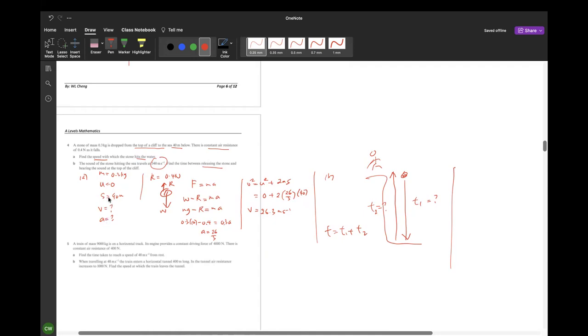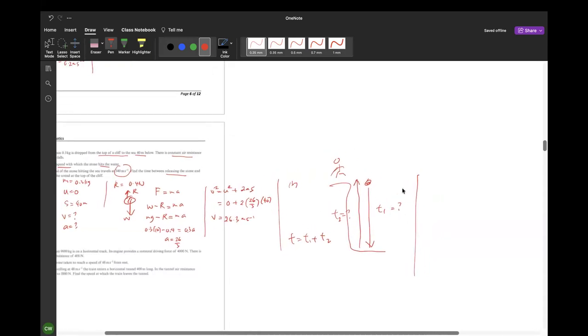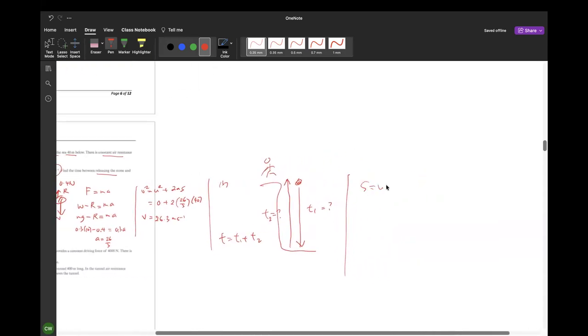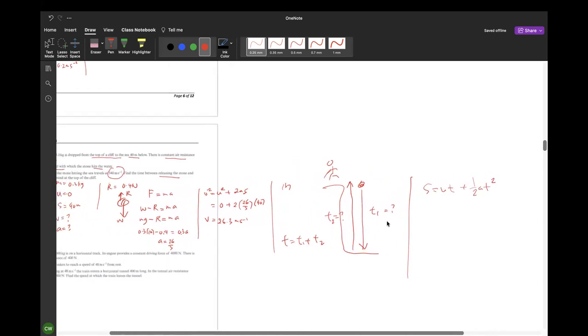We have the A. We have the S. Okay, we already have the A, so we can find the time. S equals ut plus half at squared. Distance traveled is 40.